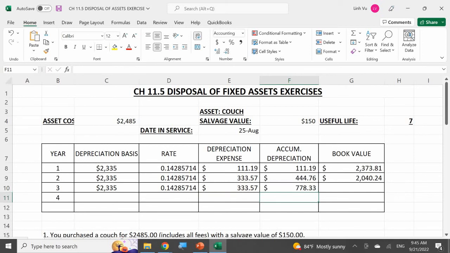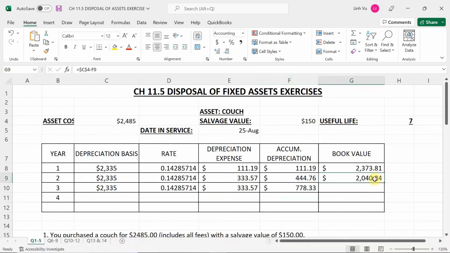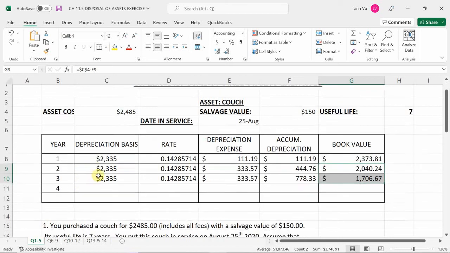Good. So then, what's my book value? $1,767. Good. There you go. So we depreciated for the first 3 years.